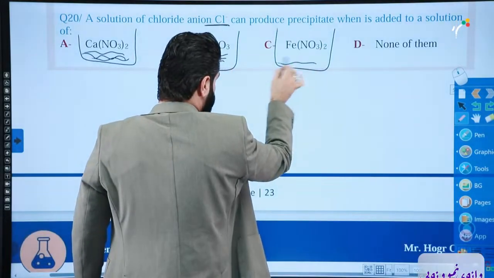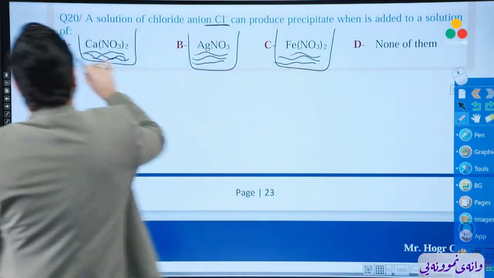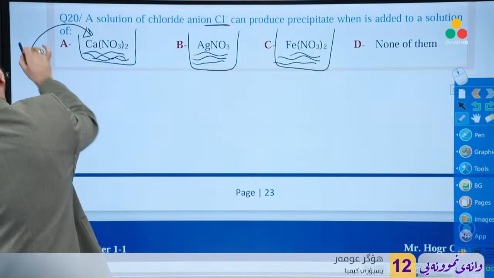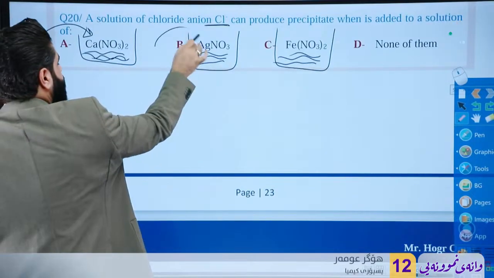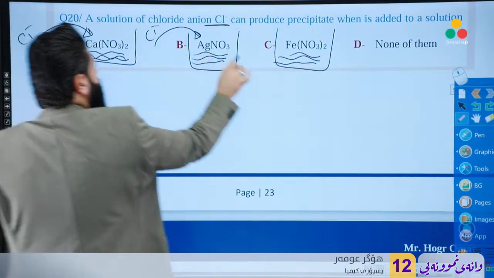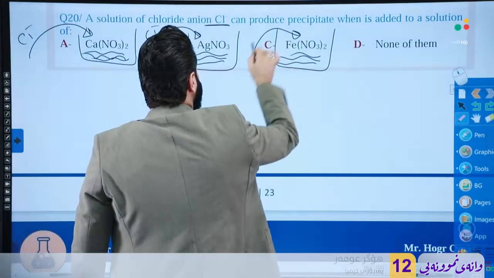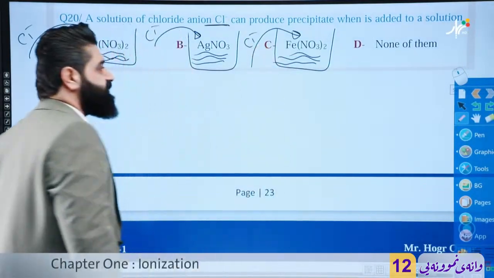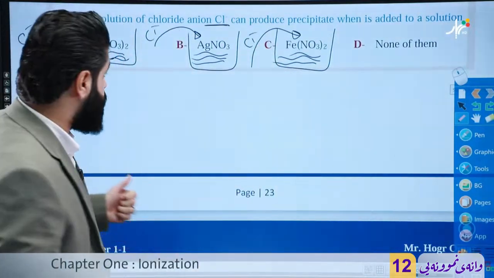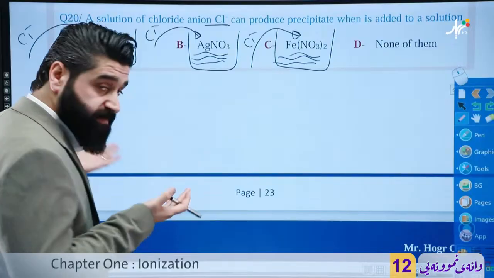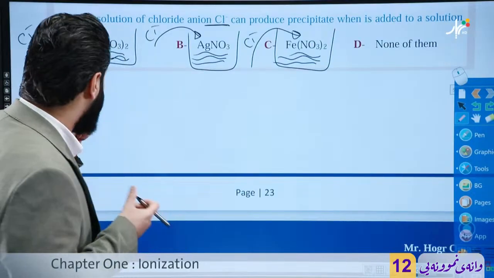Now, I will add Cl to all of them. Cl here, Cl here also. So in which case can the precipitate be produced?